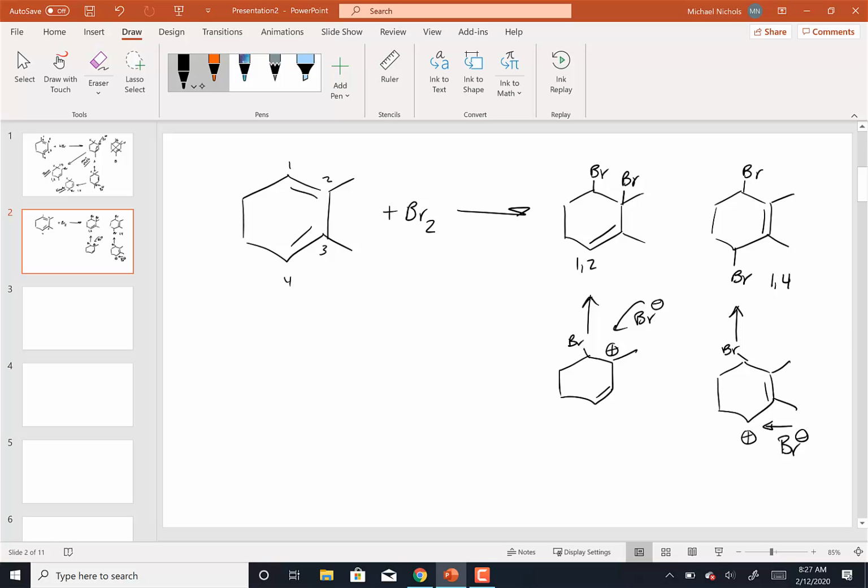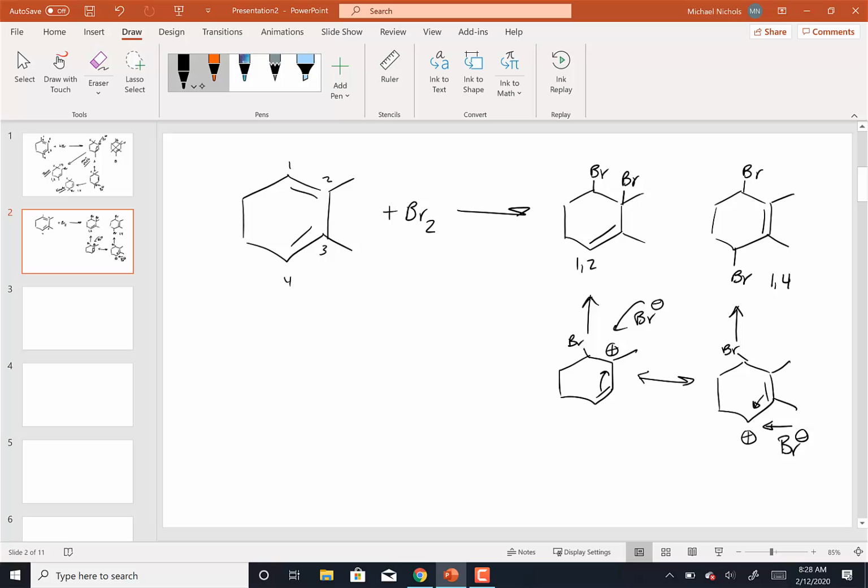So if you don't know, you can write 1,2, take away the 2 and the 4 bromines, erase those and put plus charges. I now have my resonance structure. Now you got to add your arrow in to show how you would get from this resonance structure to this one. So we just have to show the arrow would go in that direction or the arrow would go in that direction. You do have to show that arrow showing how you convert one resonance structure into the other.